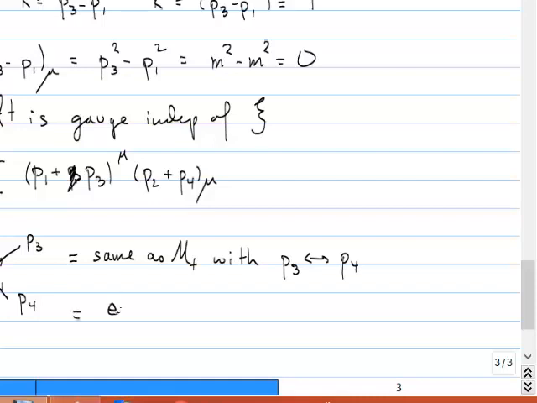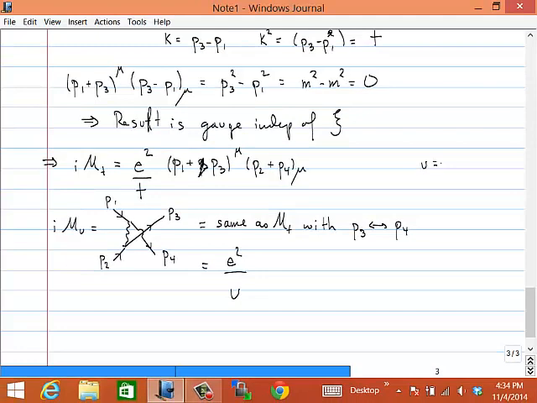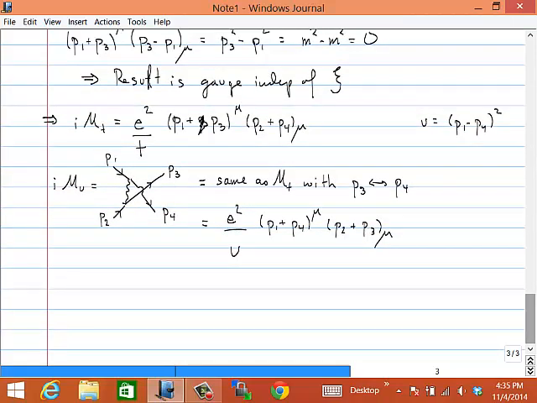So that's e squared now over u, remember where u is the Mandelstam variable (P1 minus P4) squared. And you get a P1 plus P4 contracted with a P2 plus P3. So that was the u and the t channel diagrams.